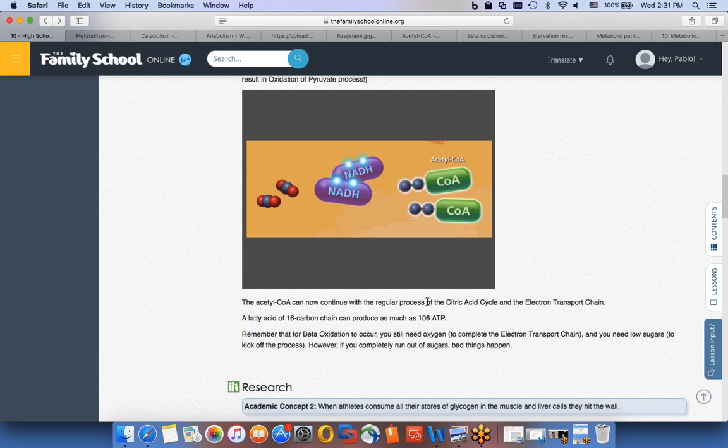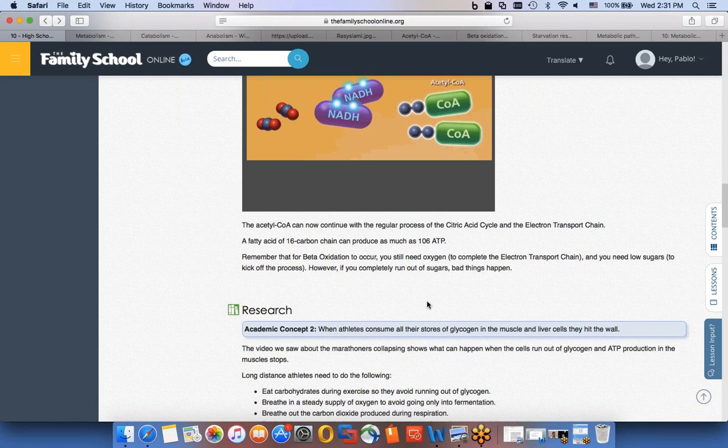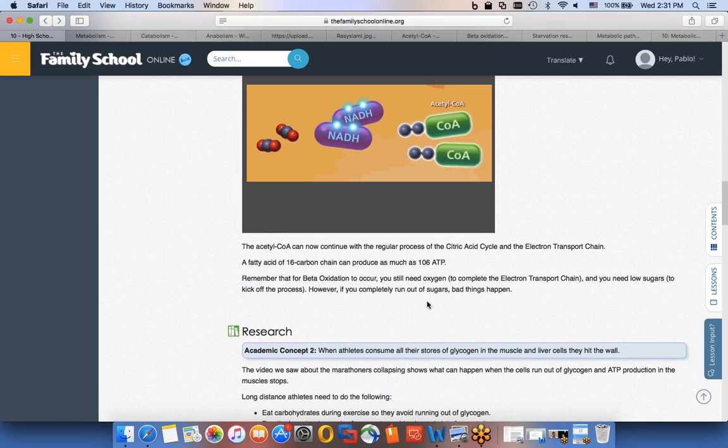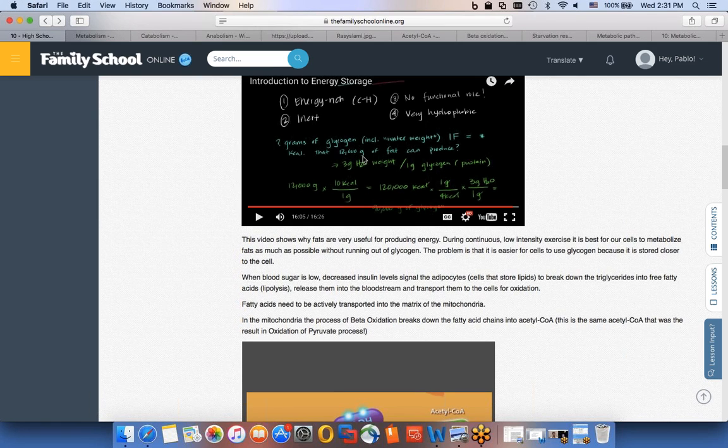On top of that, we learned in the video that you can store a lot more fatty acids than glycogen in less space in the body.